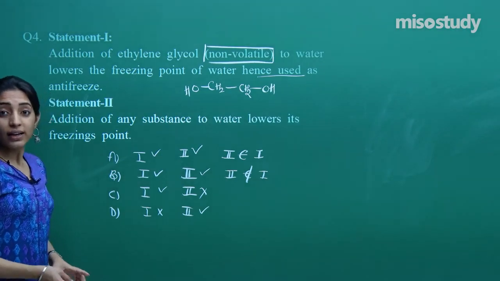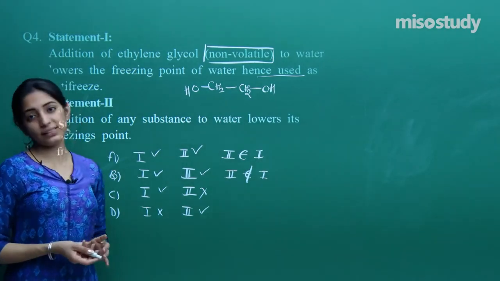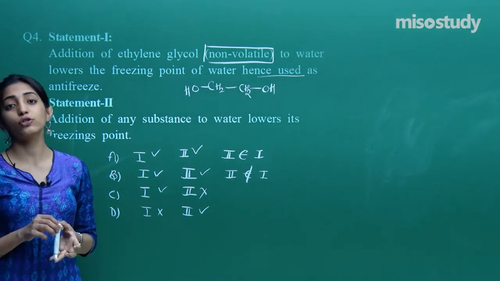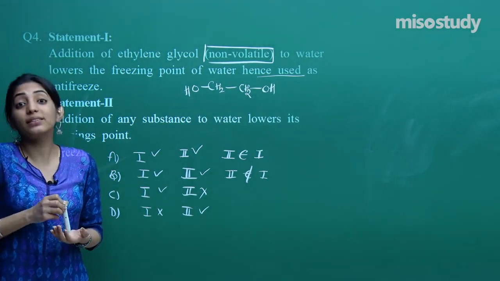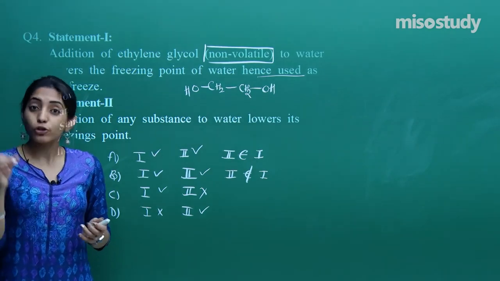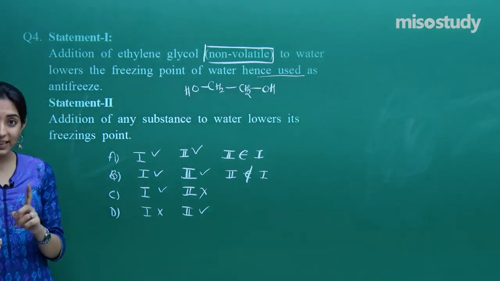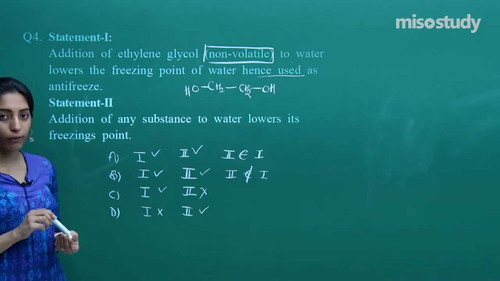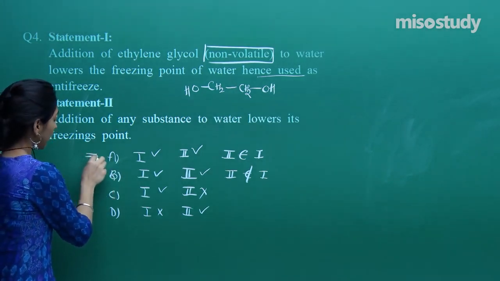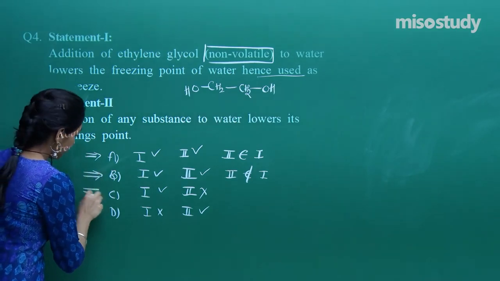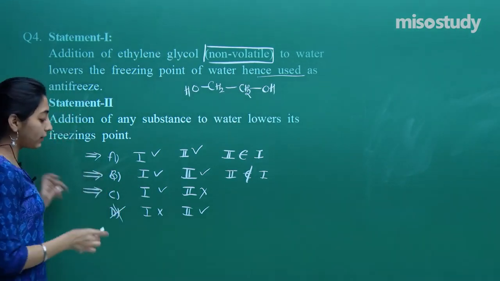That is correct. Whenever you want that water should not freeze at 0 degrees C, rather it should freeze at minus 0.6 degrees C, you add ethylene glycol because yes, it will lower the freezing point of water. So statement 1 is correct. So the option could be A, B, C. D cannot be the answer.